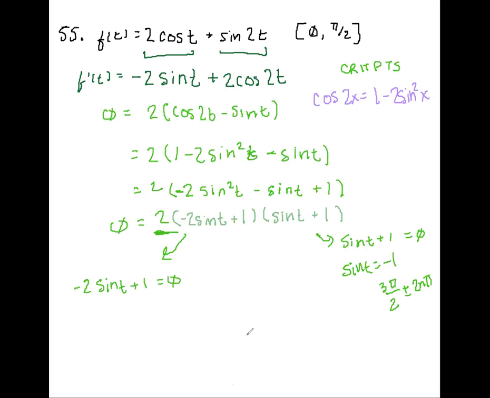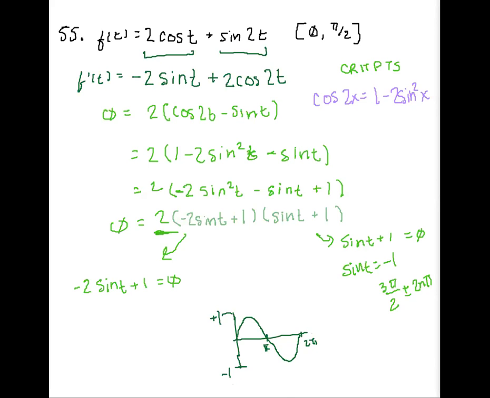Here we've got a sine curve. It looks like this. It's 2 pi, 6 pi. This is where sine is equal to negative 1. This is where sine is equal to positive 1. Okay. So here's one of our critical points.